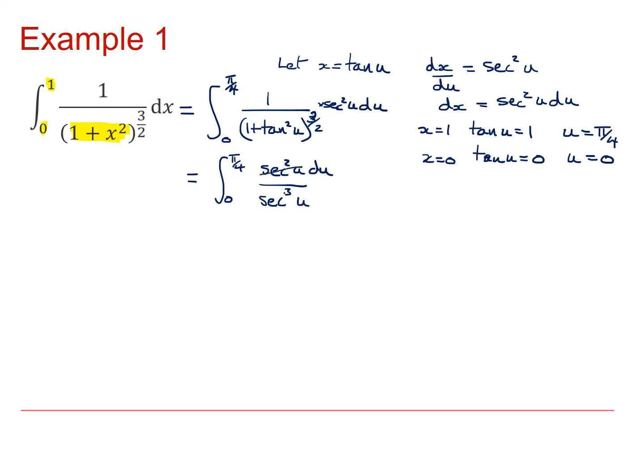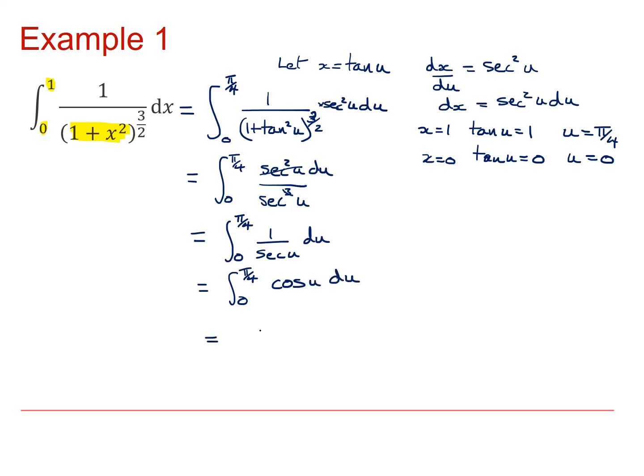Sec squared on the top will cancel off with 2 out of the 3 in the sec cubed on the bottom. So that's going to give me finally the integral between 0 and pi by 4 of 1 over sec u du. So that's going to give me just the integral between 0 and pi by 4 of cos u du.